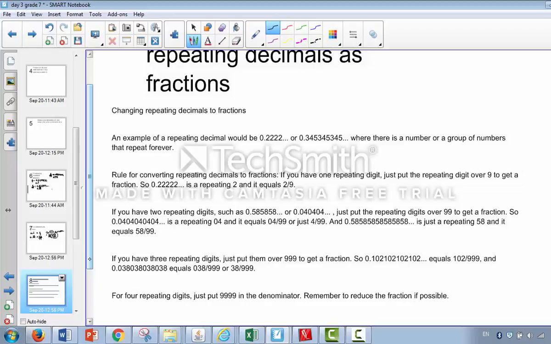If you have two repeating digits, just put the repeating digits over 99. If you have three repeating digits, put them over 999. Four repeating digits, put it over 9,999. So in general, the number of repeating digits is how many 9s go on your denominator. And remember to reduce the fraction if possible.